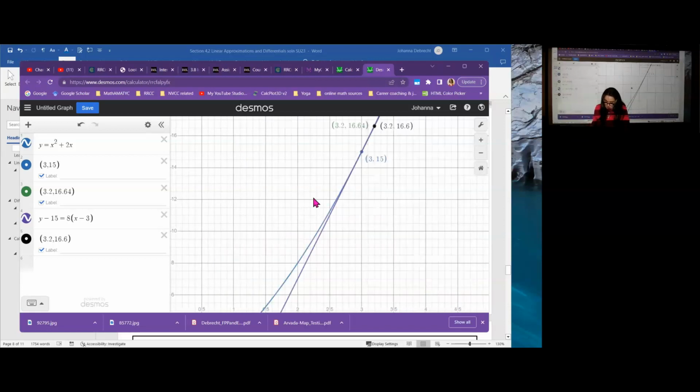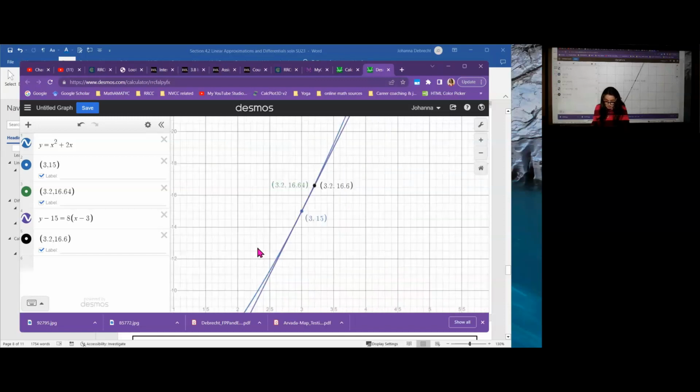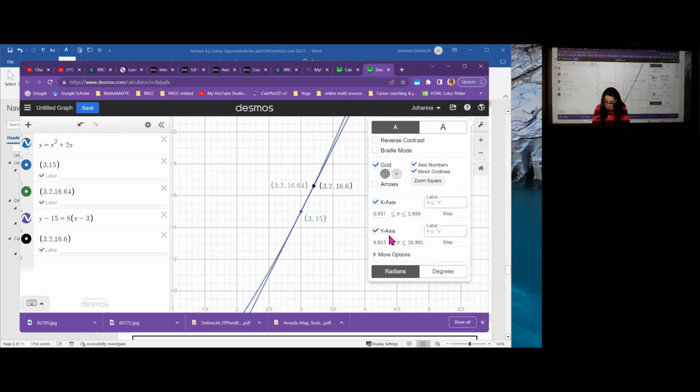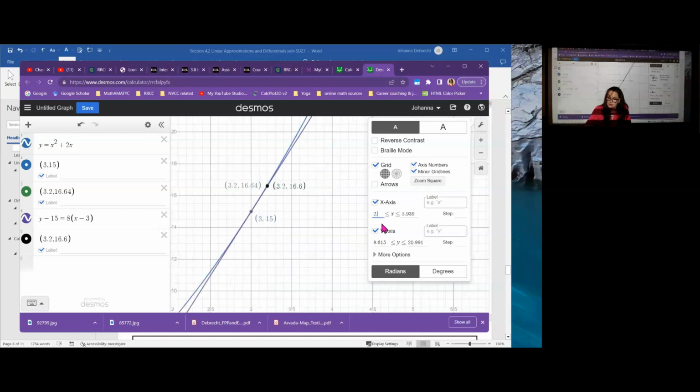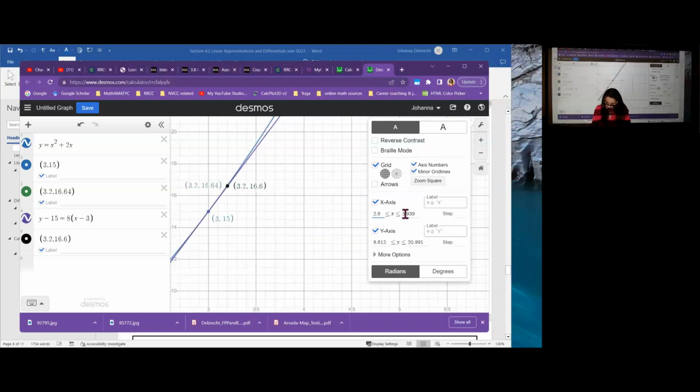Let's see if that pulled them apart enough. No, it did not. We're going to have to go in even more. Let's now try something closer. Instead of going to 0, let's instead start at 2.6. And instead of going up to 5, we'll go up to 3.8.